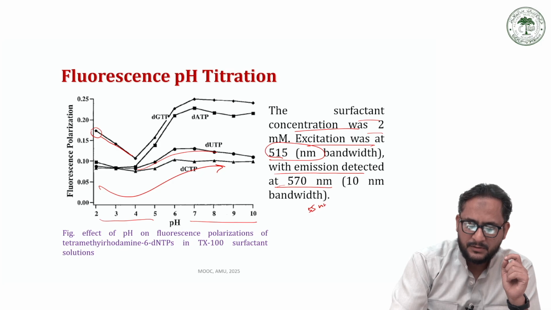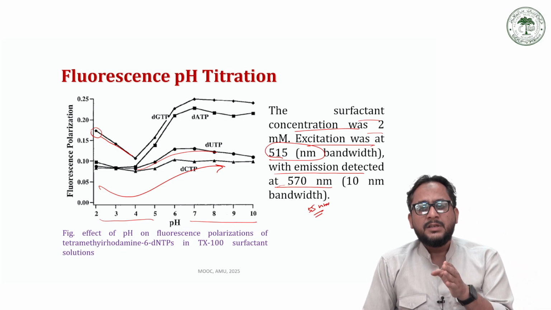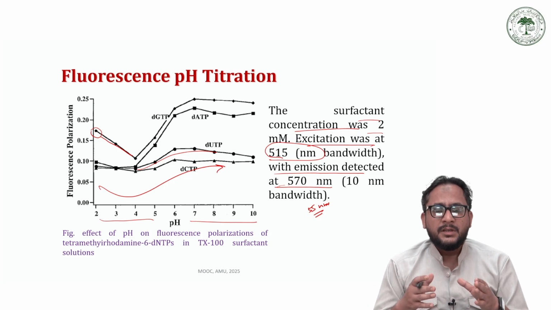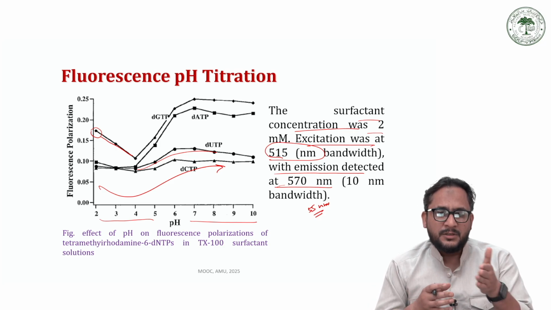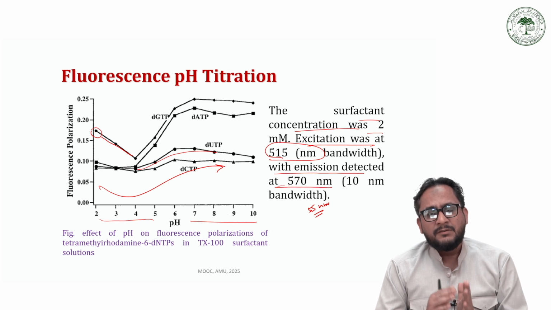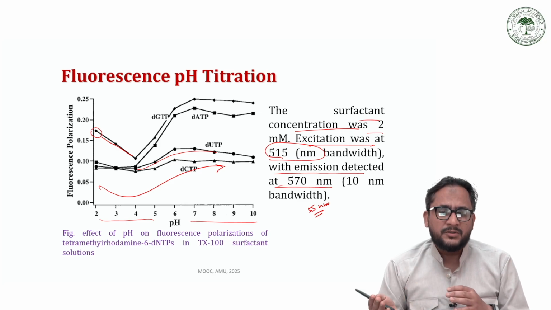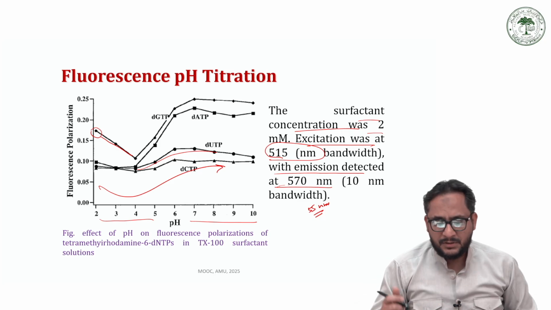The Stokes shift is 55 nanometers, and in this case of surfactant of 2 millimolar concentration, the effect of pH has been represented: acidic solutions have lower fluorescence intensity, while as we move towards higher pH, towards basic solutions, the intensity of the fluorescence is going up.